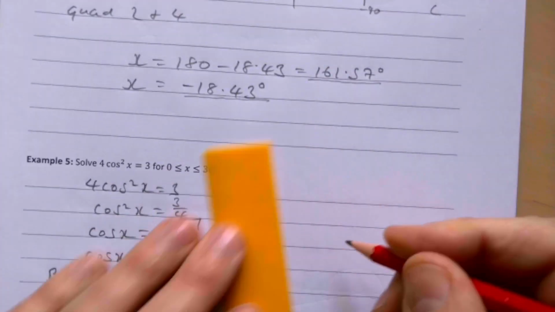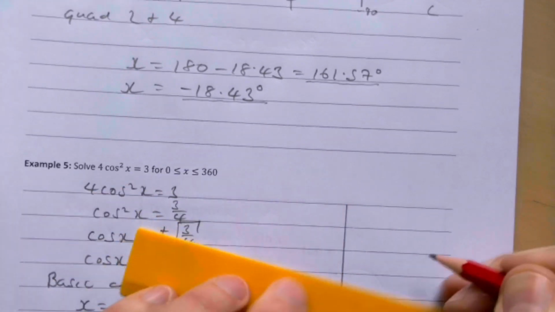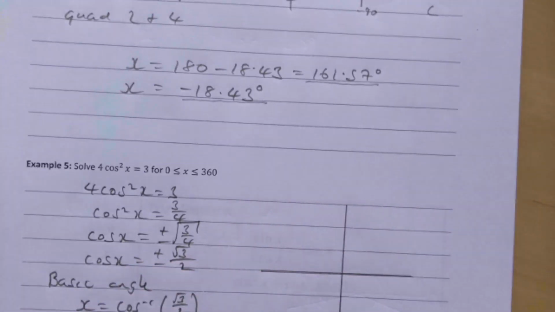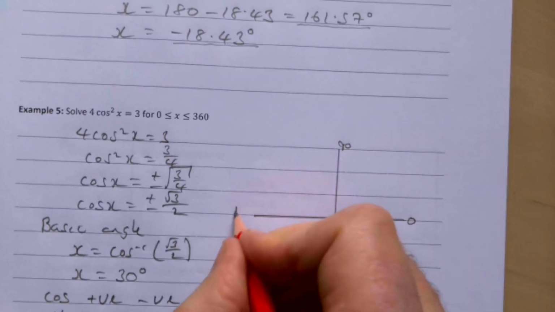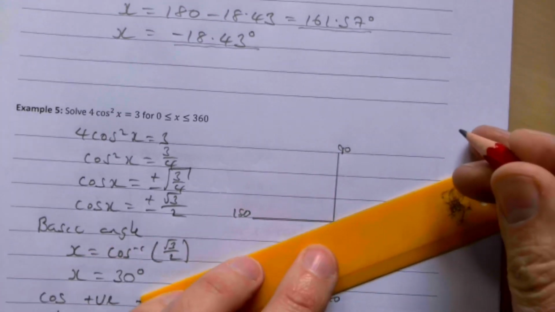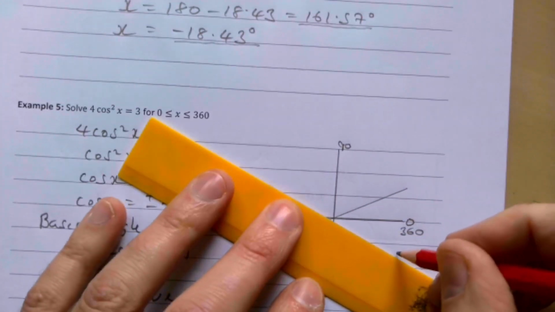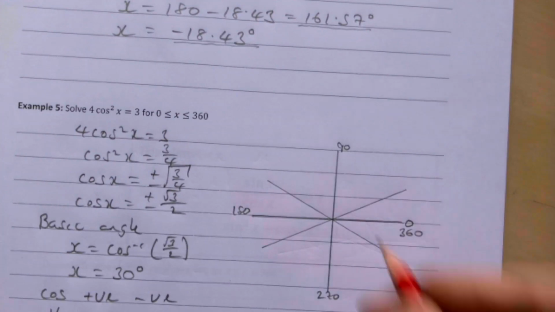So let's draw our diagram. 0, 90, 180, 270, 360, and I want all 4 options here, so I want this one, this one, this one, this one.